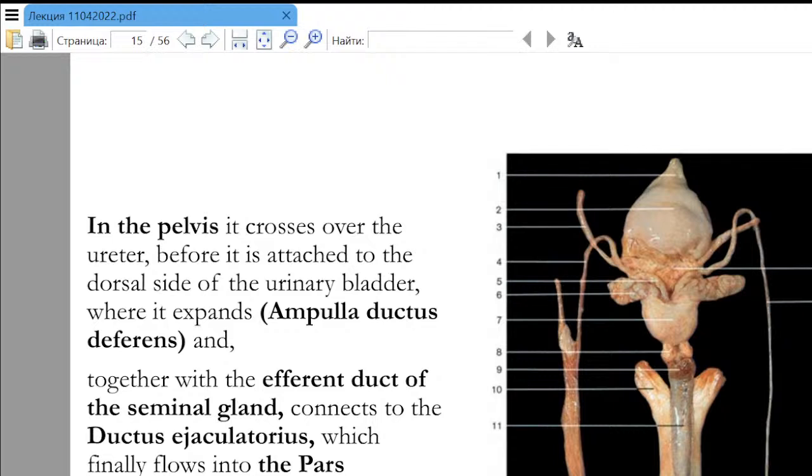In the spermatic cord, the ductus deferens can clearly be felt due to its strong muscular wall. The ductus deferens is located in the spermatic cord.